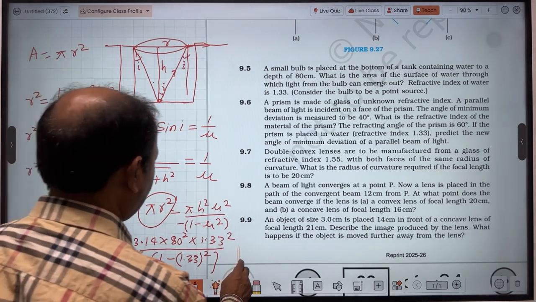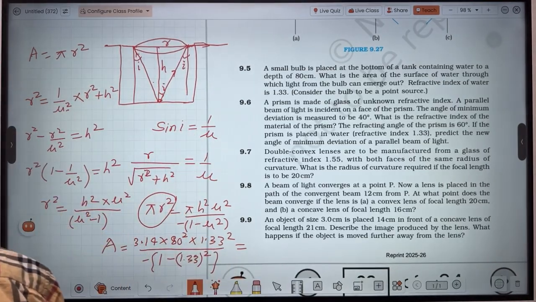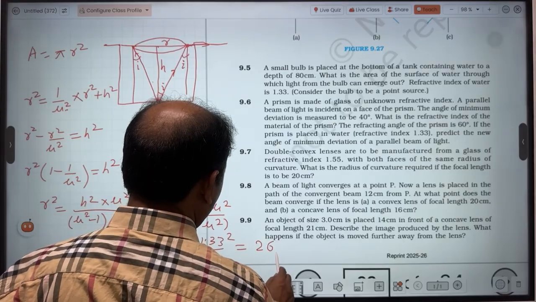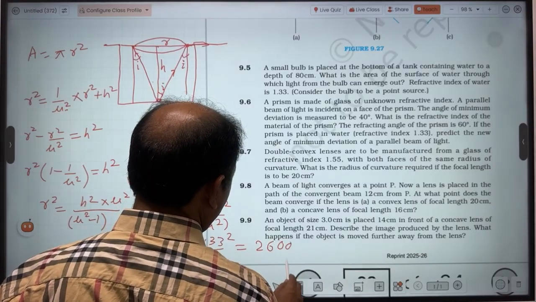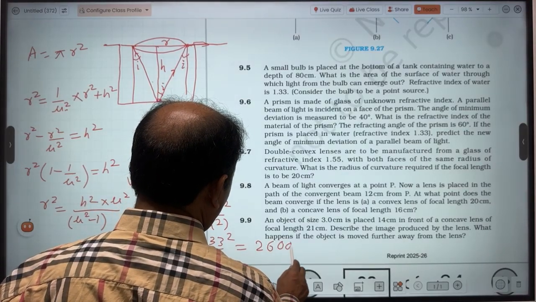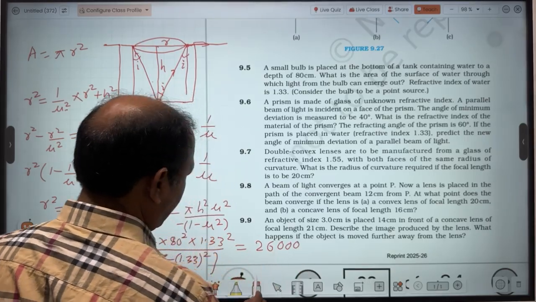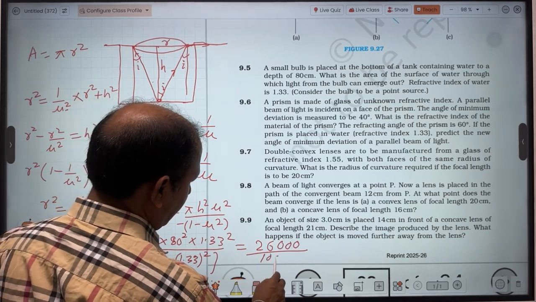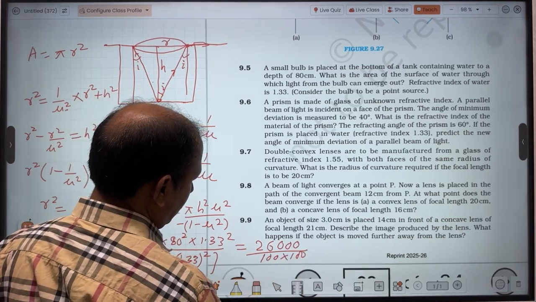Now we evaluate it. Just give 1 minute to evaluate it. After evaluation, you will get 2600, and this will be in centimeter square. If you divide it by 100 into 100, what do you get?